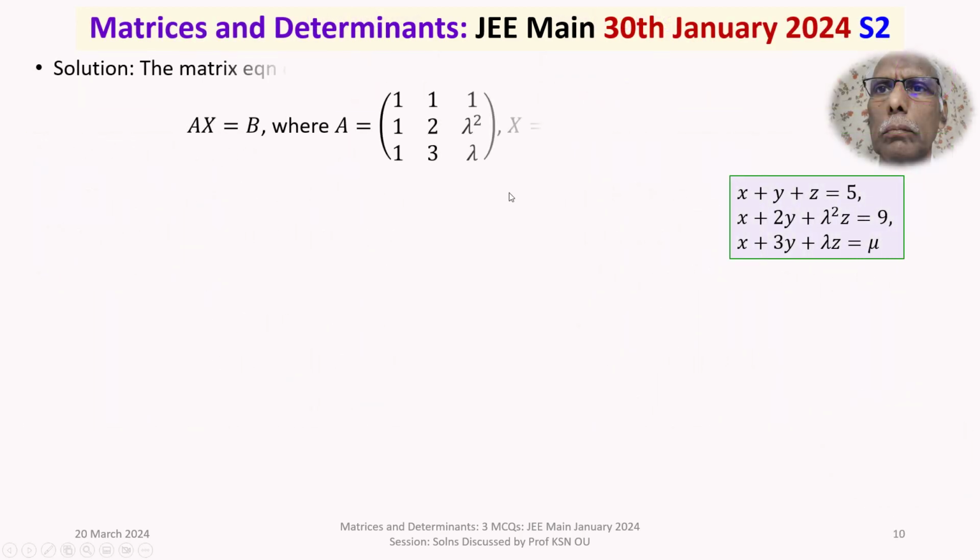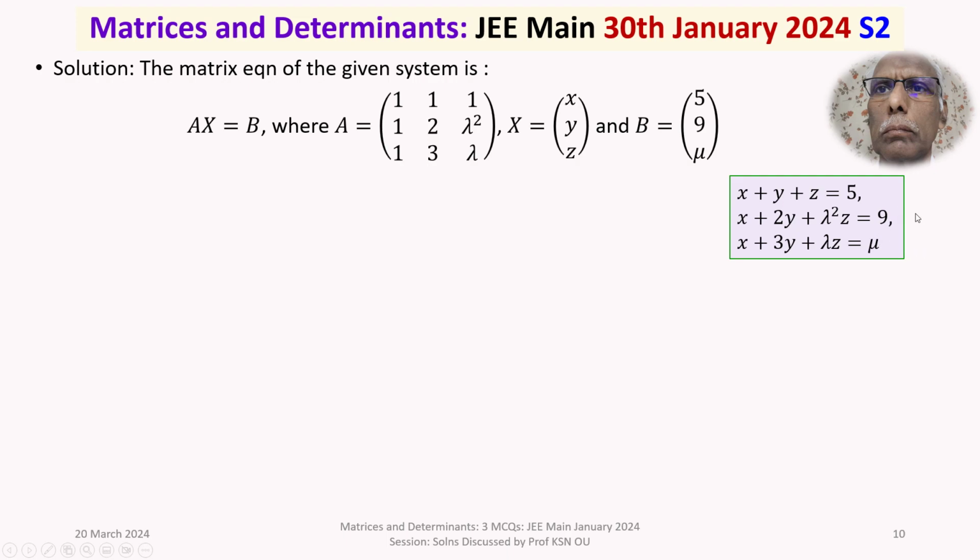Let's now discuss the solution of the problem. These are the 3 equations in 3 unknowns x, y, z involving lambda and mu, where lambda and mu belong to R, the set of real numbers. The first step: write down the matrix equation AX = B. A is the coefficient matrix: first row 1, 1, 1; second row 1, 2, lambda square; third row 1, 3, lambda.